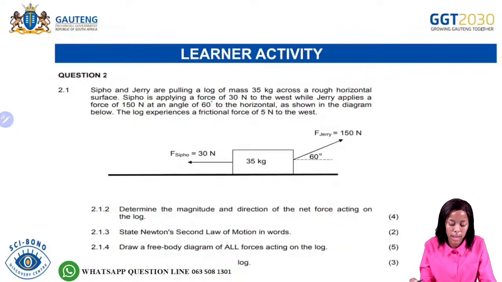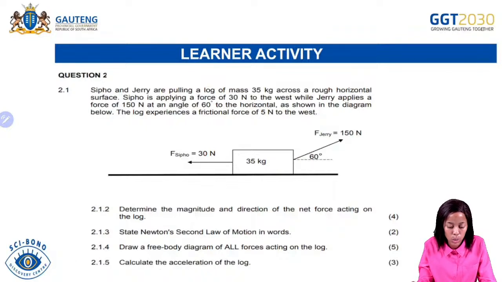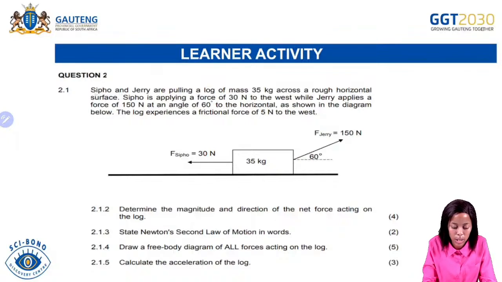Okay, so let us have a look at this question over here. It's question 2, and it starts with question 2.1. It says Sipho and Jerry are pulling a log of mass 35 kilograms. Okay, so we have Sipho and Jerry.